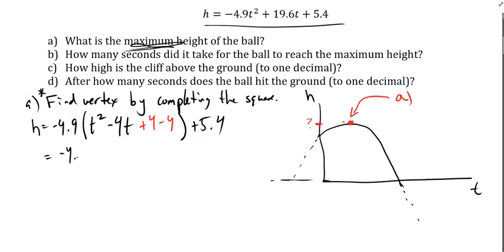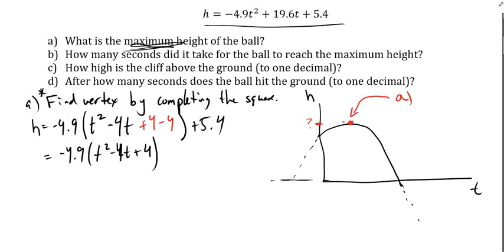Negative 4.9 t squared minus 4t plus 4. And then, when I take the negative 4 out, I have to multiply it by 4.9. So 4.9 times 4, and it's negative, right?